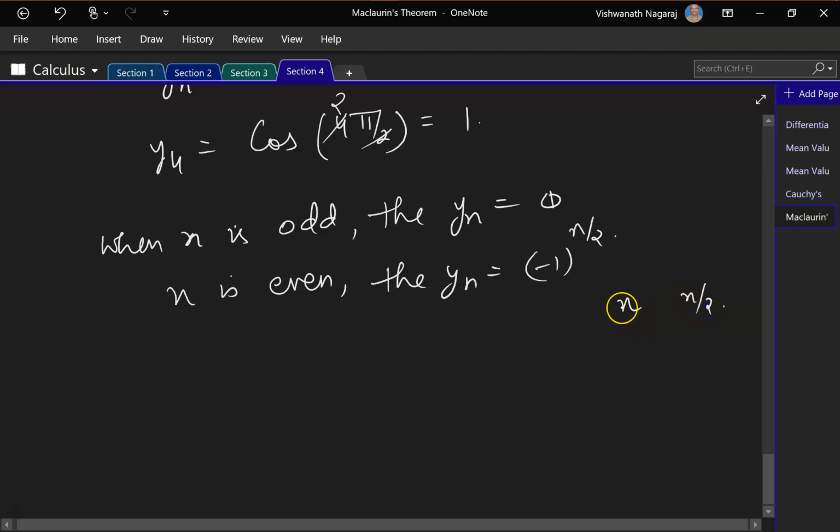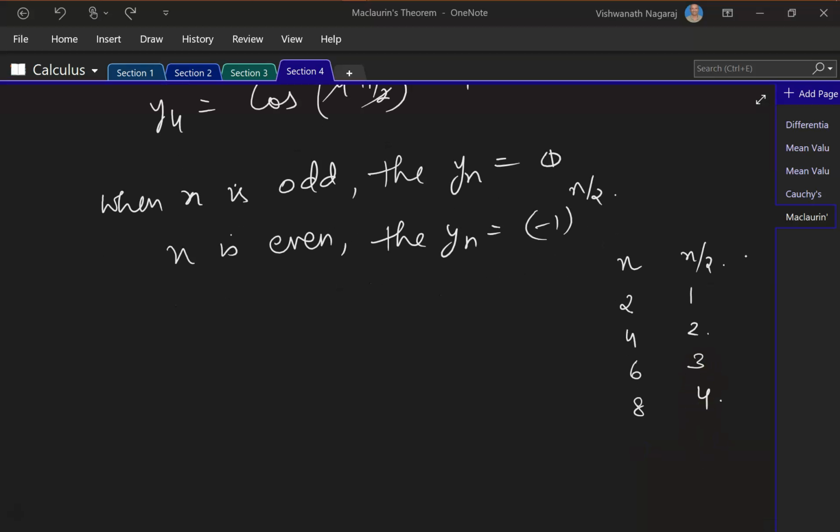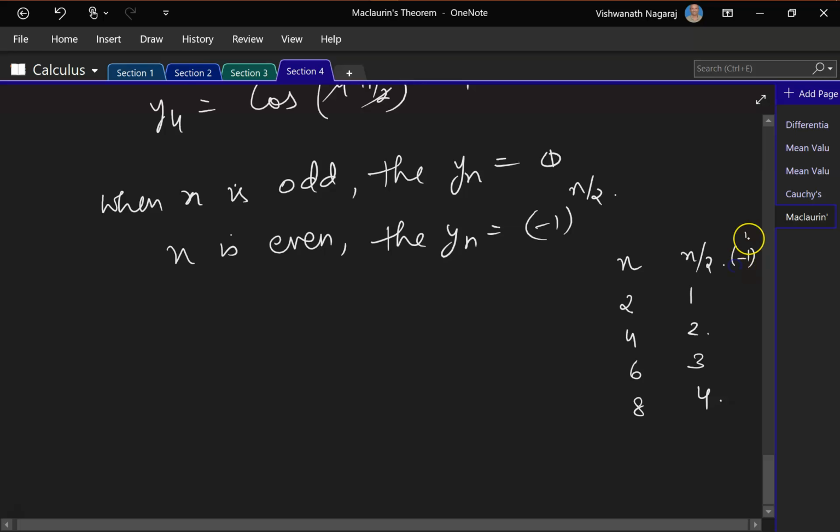If you want to verify, you can just check out n by 2. So remember, n is even, which means we start with 2. 2 by 2 is 1. 4, 4 by 2 is 2. 6, 6 by 2 is 3. 8, 8 by 2 is 4. Now let's write this minus 1 to the power of n by 2. So here what will happen? Minus 1 to the power of 1, so that is minus 1.